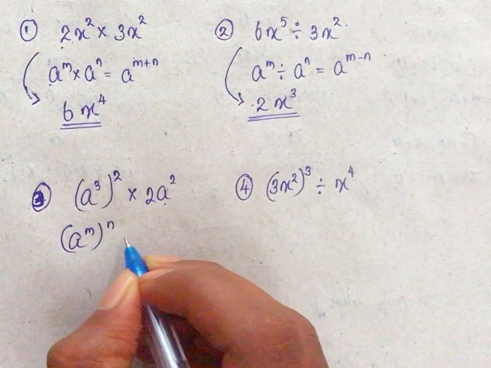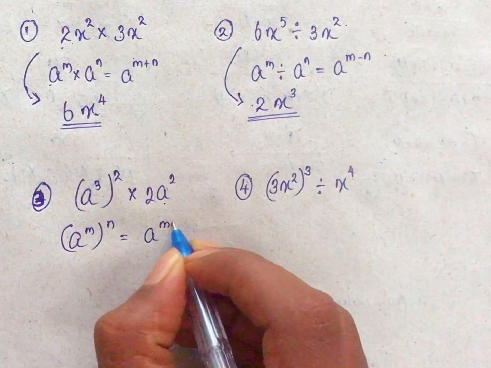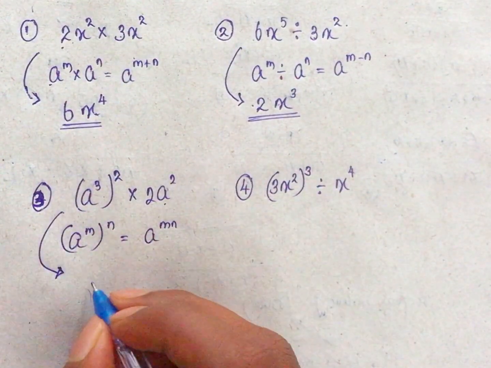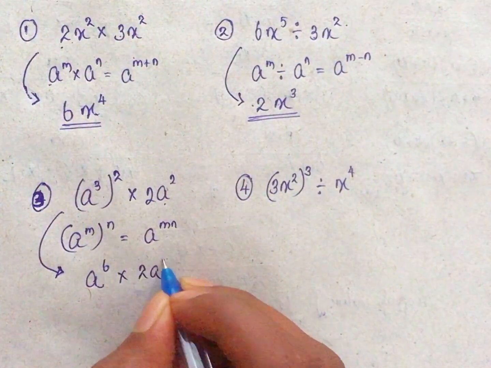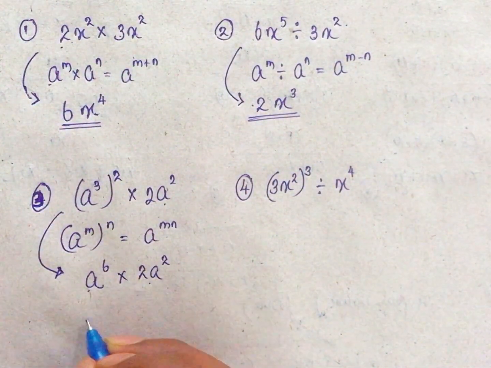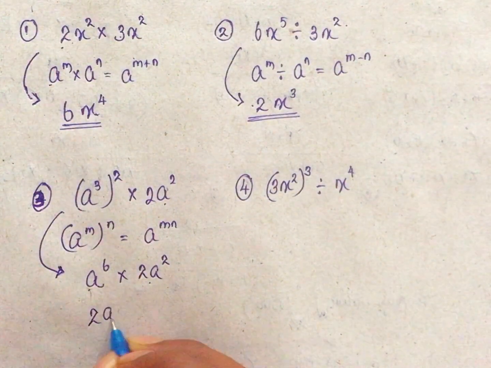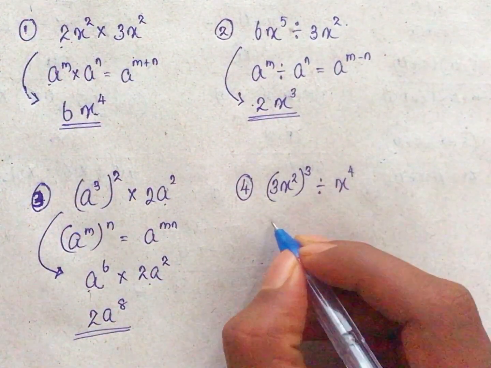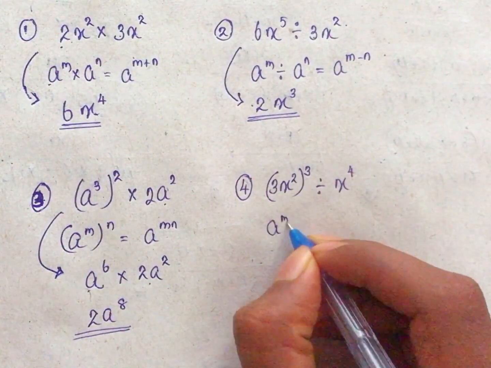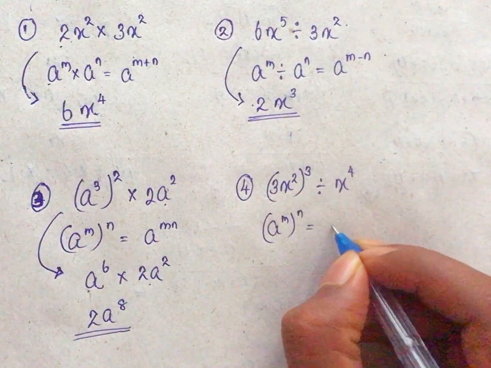Third case is a to the power 3 within brackets, power 2, into 2a squared. Then you can multiply these two powers, then you get a to the power 6 into 2a squared. Then again same base, you can add the 6 and 2, it is 2a to the power 8.